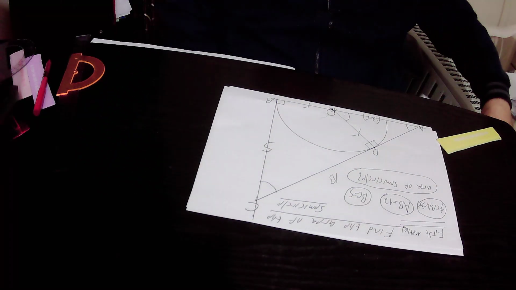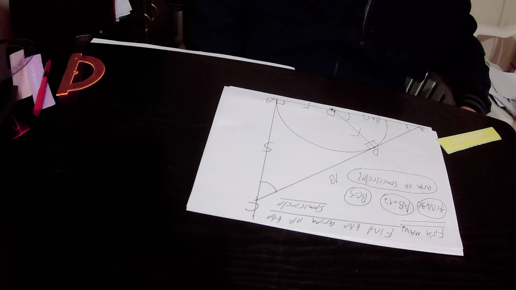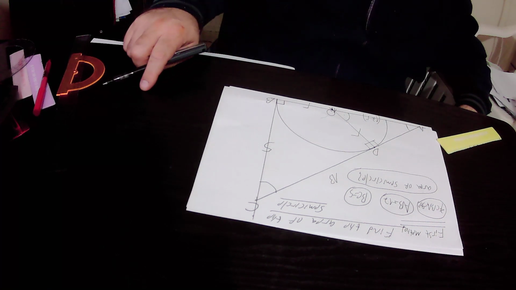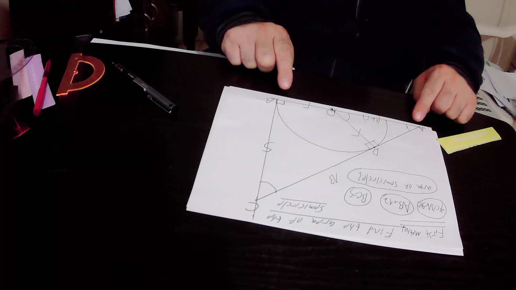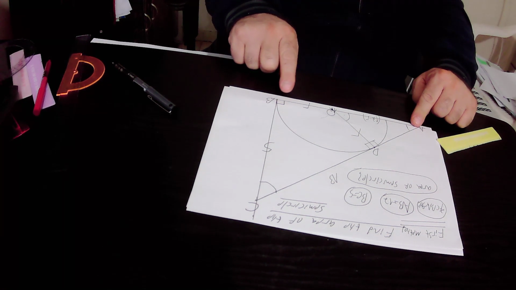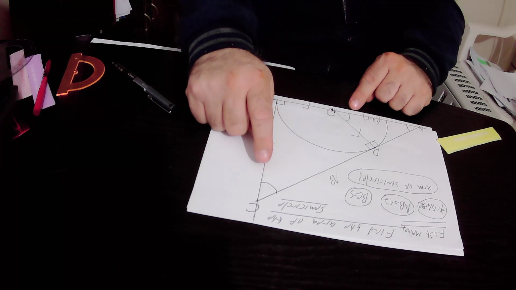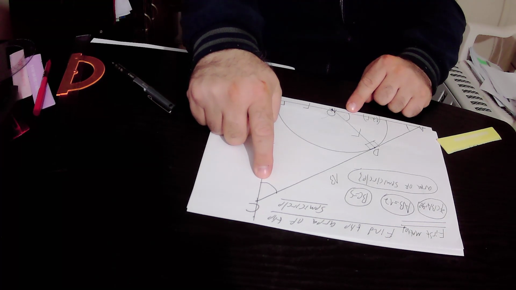So what is the third angle theorem? The third angle theorem says that if two angles in one triangle are congruent to two angles in another triangle, then the third pair of angles must also be congruent. We actually found out that those two angles in the big triangle, triangle ABC, are congruent to those two angles in the small triangle ADO. Therefore, this is the third pair of angles that must also be congruent.